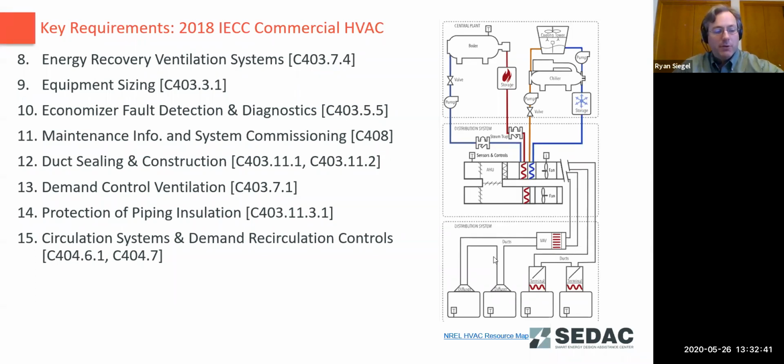And similarly, if you're doing a HVAC project, that doesn't necessarily trigger that you have to do a lighting project as part of that. So it's just when you go to do alterations, those alterations need to fit the code.